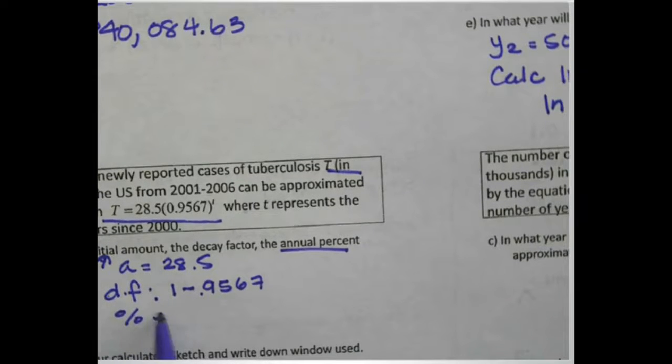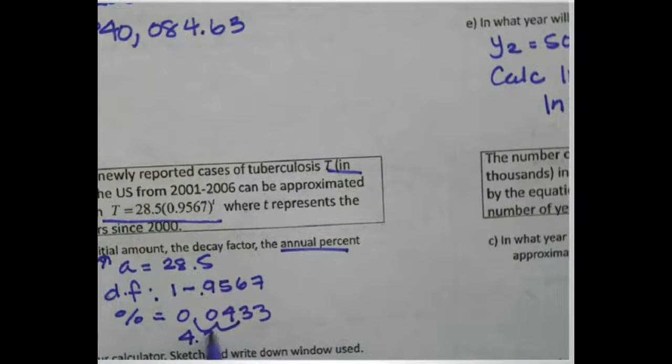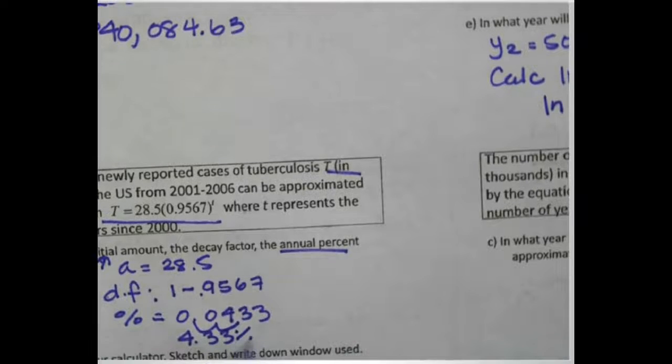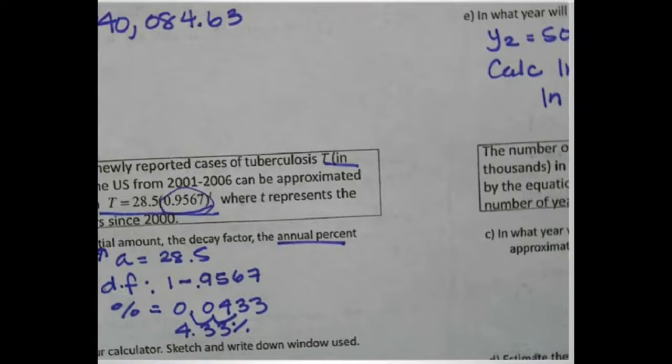So if I subtract that using my calculator, or just doing it in my head, I think it's 0.0433. You can check me in the calculator. But the actual percent when I move that over is 4.33%. Okay, this is the factor because it's always whatever this is. And then this will be your percentage when you actually subtract that.